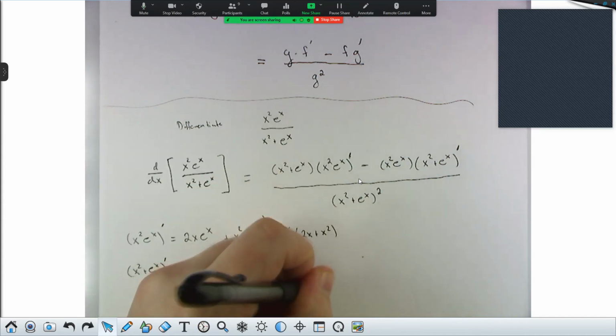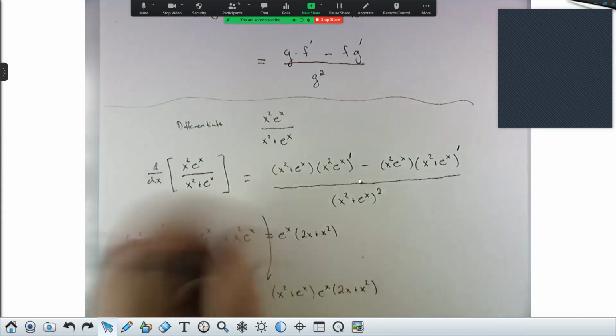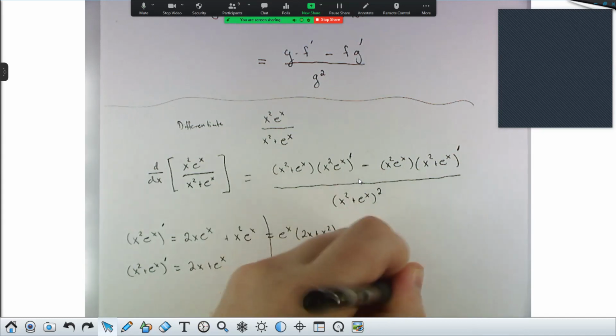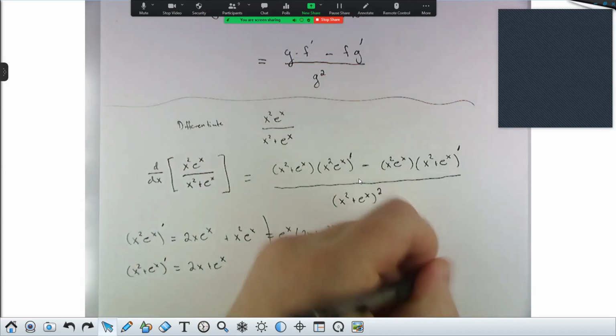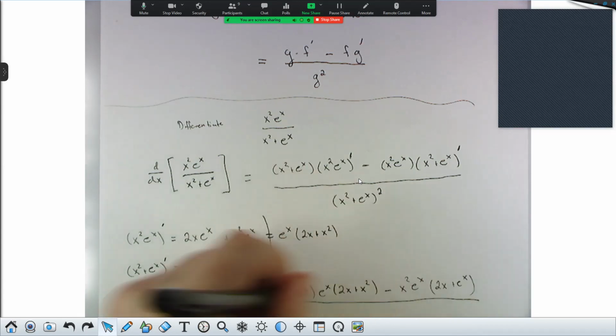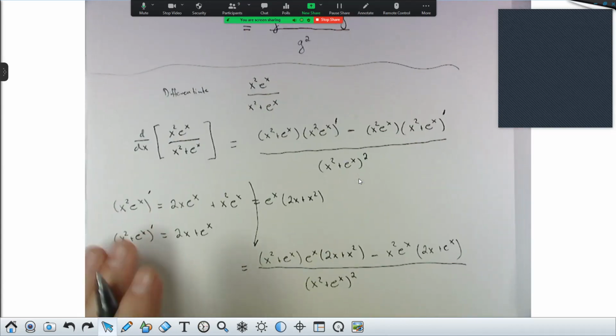So here goes e to the x times 2x plus x squared minus x squared e to the x times 2x plus e to the x. And all of this goes over the square of x squared plus e to the x. And I really like what Nikita is saying about please don't FOIL this out. You don't need to do it. It never helps. Leave that as that quantity squared.